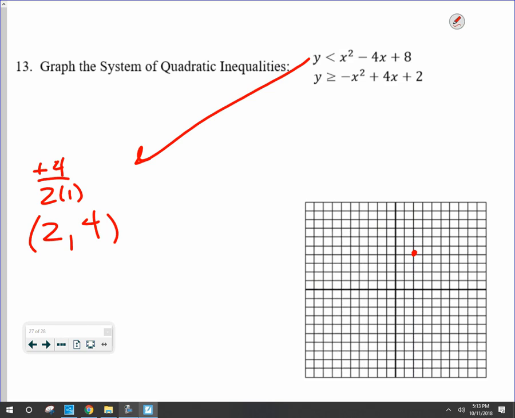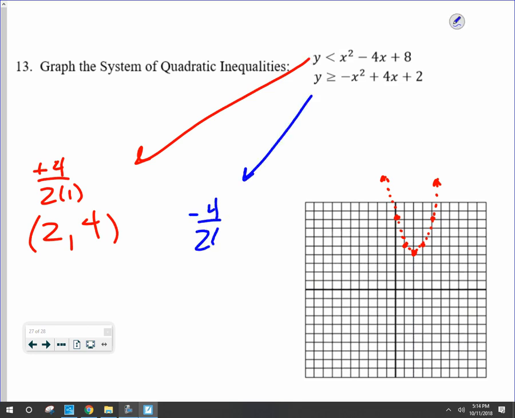It goes upward, so we're talking about over 1, 1a, over 2, 4a. It is dashed. I'm going to hold off on shading, but it's shaded on the outside, or below the parabola.